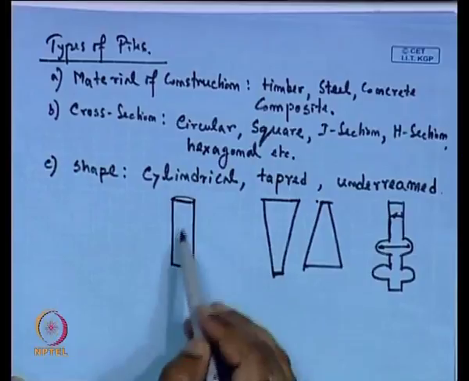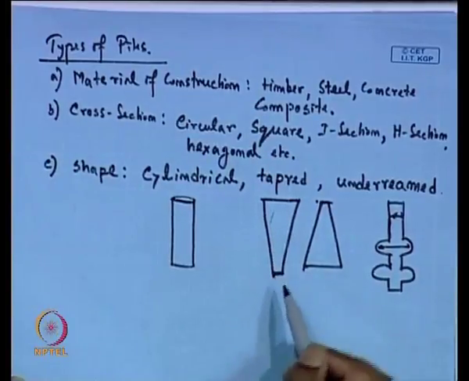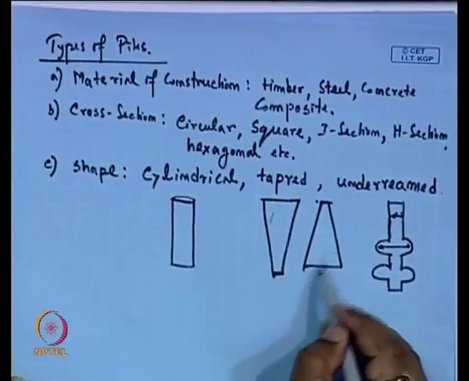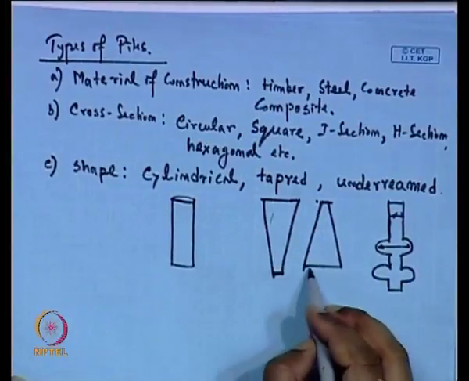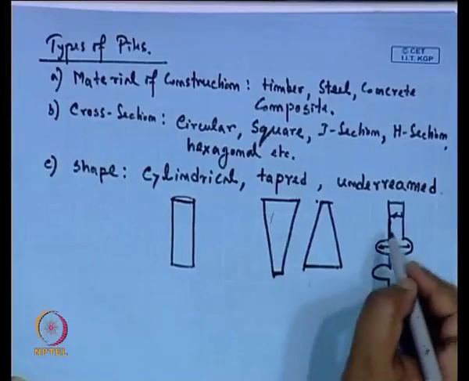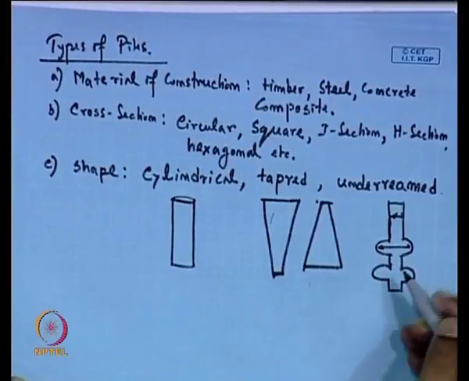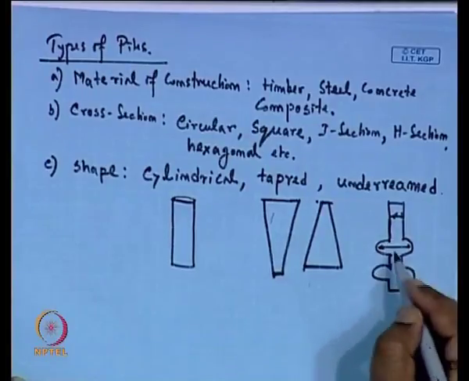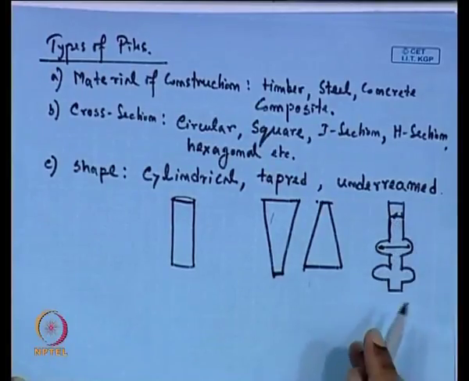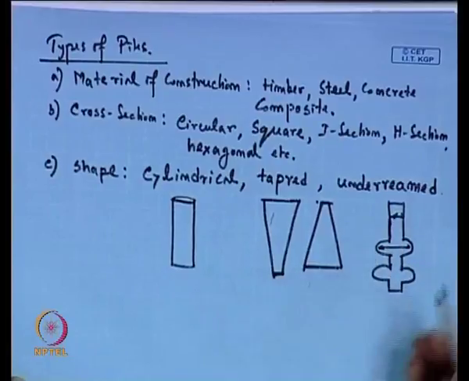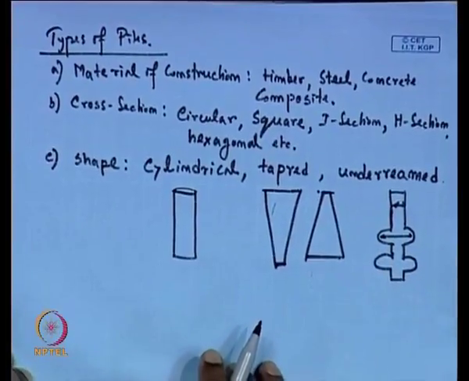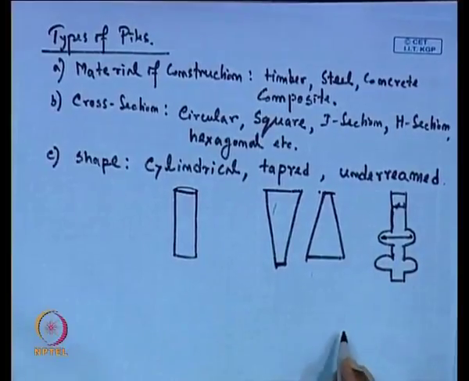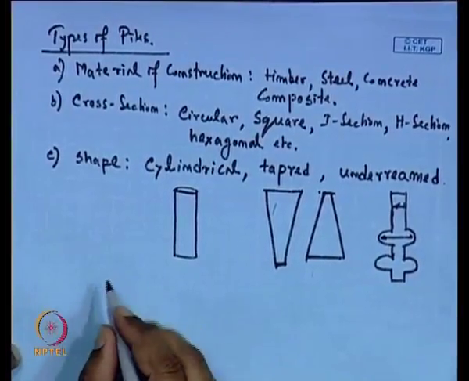Cylindrical is common, and tapered shape, because if we need more bearing tip resistance, that means in end bearing piles, here we can use this enlarged base. The under rim piles give additional bearing capacity from the under rim bulb, or we can provide this to resist the negative skin friction also. We will discuss later what negative skin friction is and how we can design these under rim piles, etc.